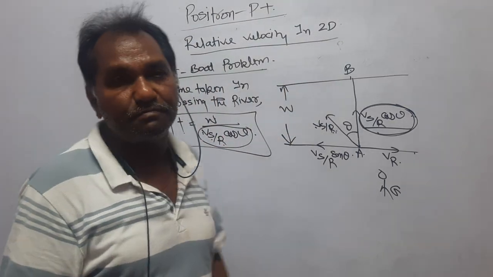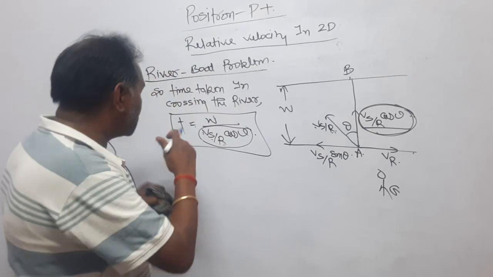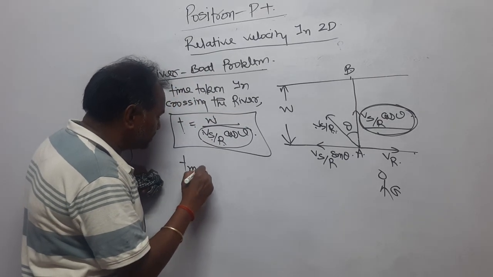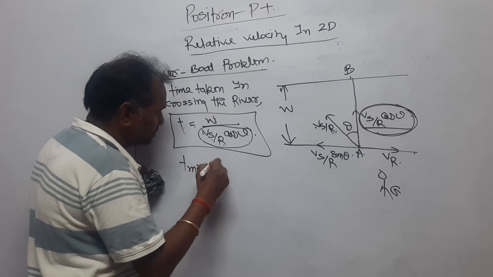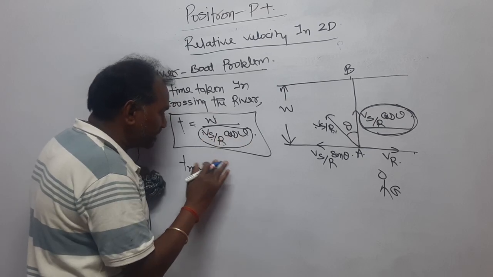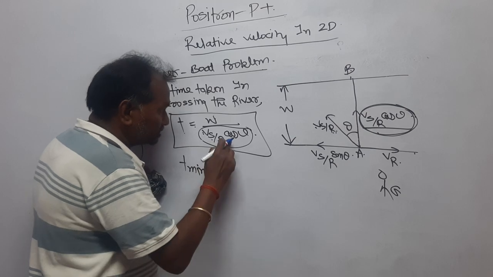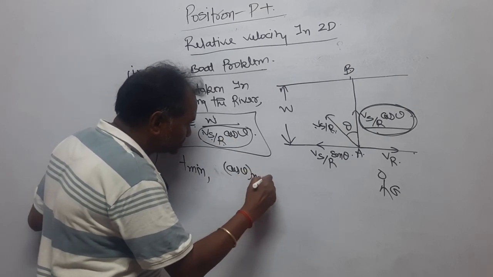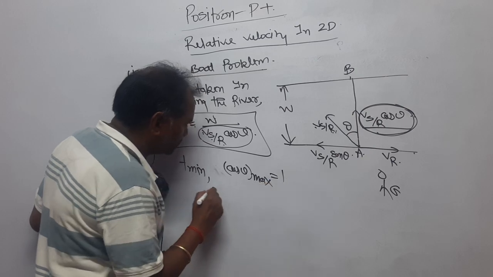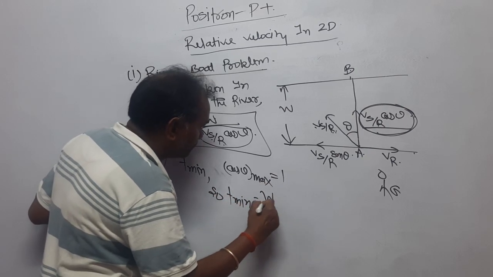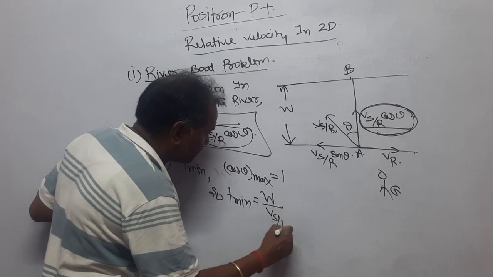Now the whole game is played by theta. So for T to be minimum, this denominator should be maximum, and cos theta has maximum value, that works out to be 1. So T minimum becomes W upon VSR.